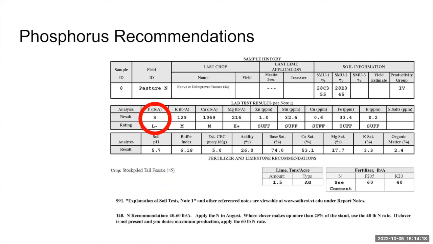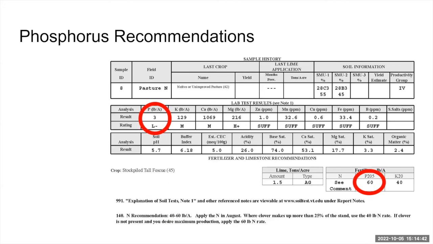Now, phosphorus. So on to those primary macronutrients. Phosphorus is found right here. And then, of course, our fertilizer recommendation in terms of P2O5 rather than elemental phosphorus is found down here. As I've said before, fertilizer labels and their analyses will always be in terms of P2O5.